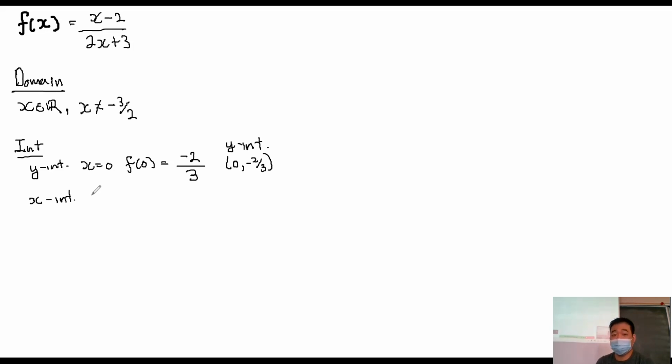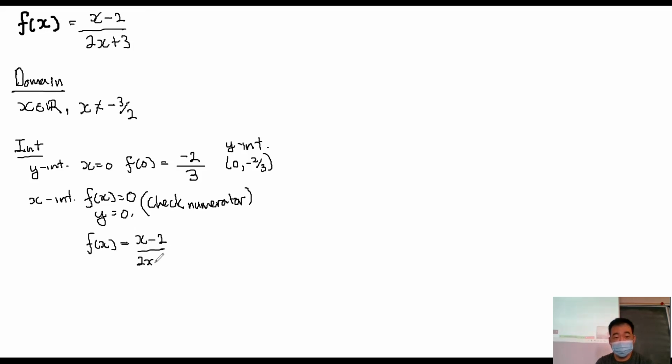Okay, x-intercept. In this particular case, I want to know when f of x equals 0. In other words, I want to know when y equals a 0. Well, if you want to know when y equals 0, what I'm asking you to do is check the numerator. When will f of x, which is equal to (x minus 2) over (2x plus 3), equal to 0?